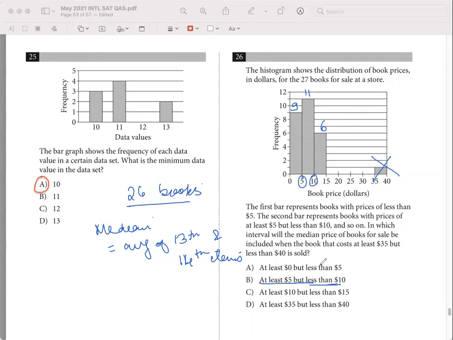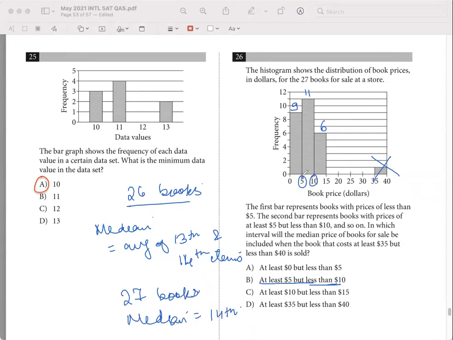Actually, the median is quite reliable as an indicator, because let's say I had not sold that book and I was looking at the median of all 27 books. The median will be the 14th value, and you can see that the 14th value is still between 5 and 10.